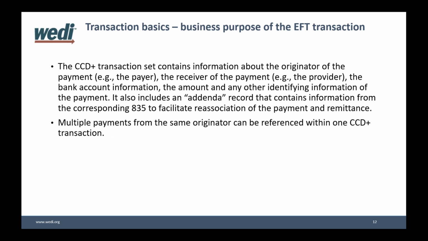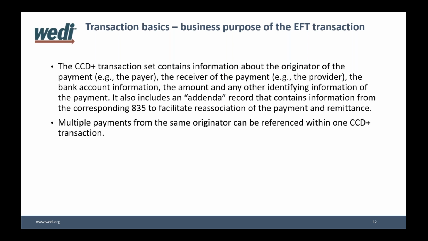Now, the CCD Plus transaction set contains information about the originator of the payment, in other words, the payer, the receiver, usually the provider, the bank account information for the receiver, the amount, and any other identifying information on the payment.